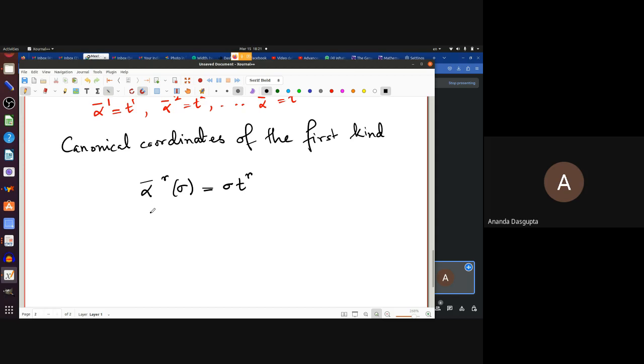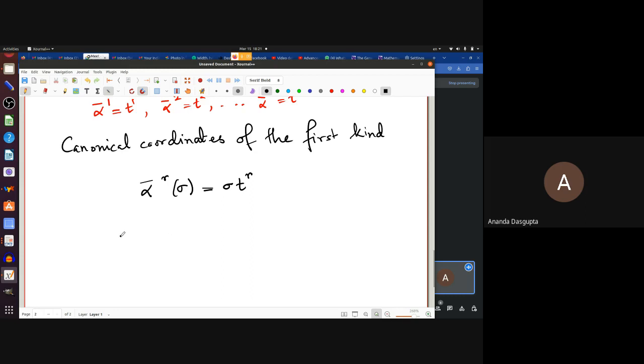Set of equations, use of coordinates. The combination rule that would use of functions. So instead of f, I should use f bar. Instead of eta, I should use eta bar. Instead of xi, I should use xi bar, and so on. Changed coordinates would change all these functions.